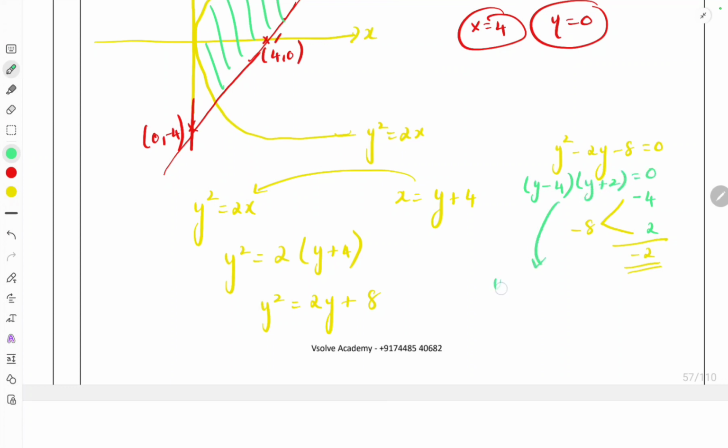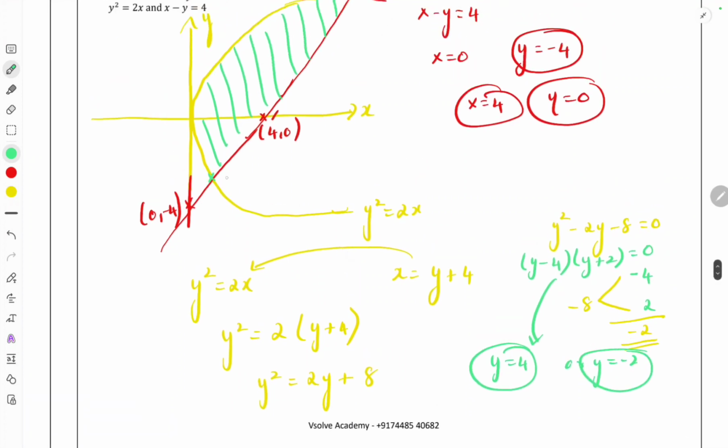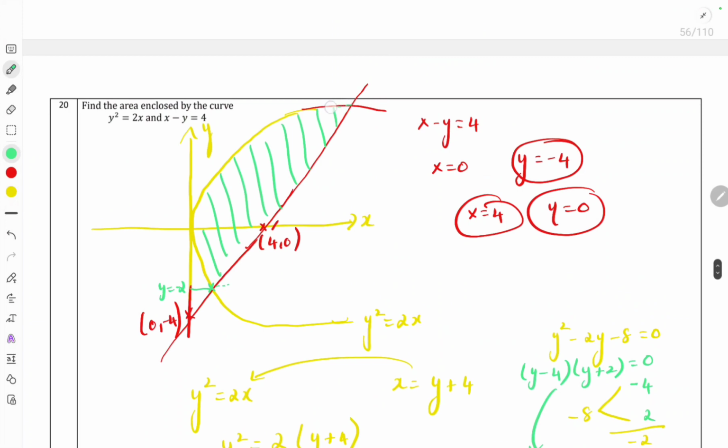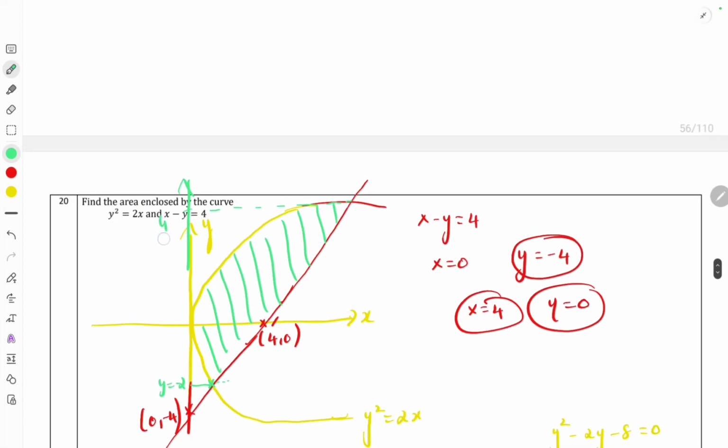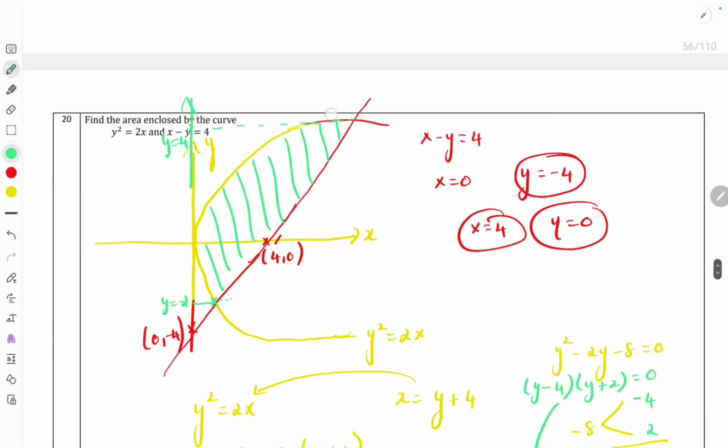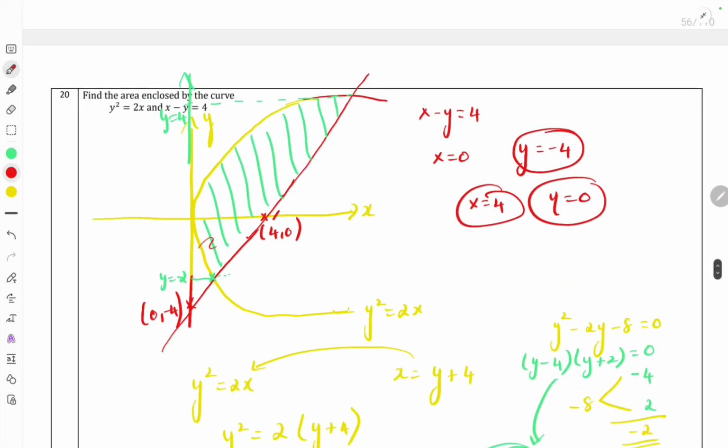So from here I will get y equal to 4 or y equal to -2. So y equal to -2 means this one is y equal to -2 here, and this one is y equal to 4.